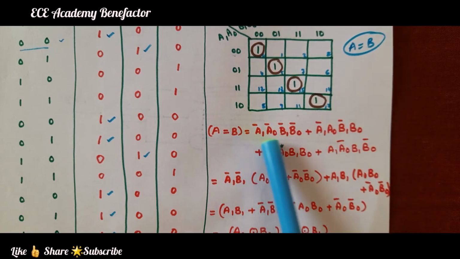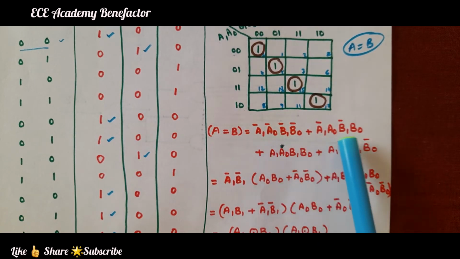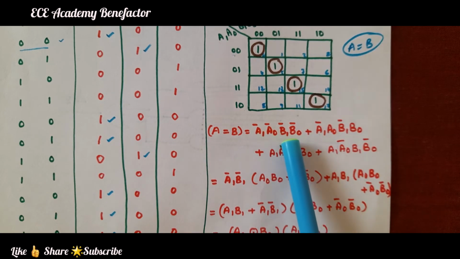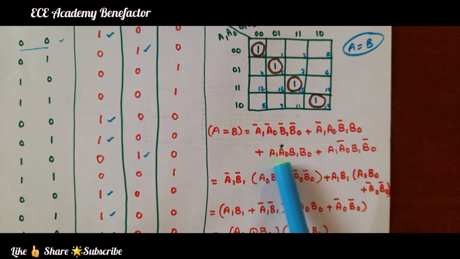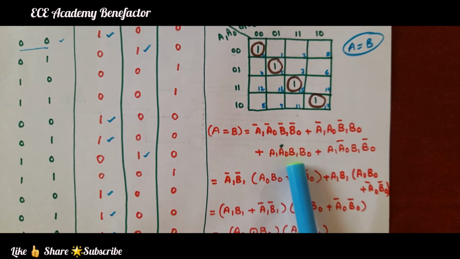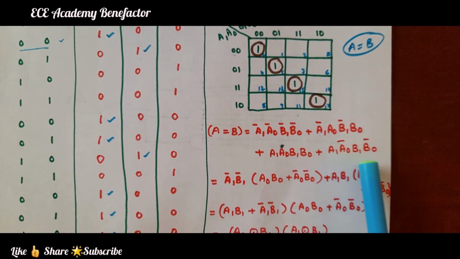In these two terms, taking A1 bar B1 bar common, what is left is A0 B0 plus A0 bar B0 bar. Plus, in these two terms, taking the A1 B1 term common, you are getting A0 B0 plus A0 bar B0 bar.